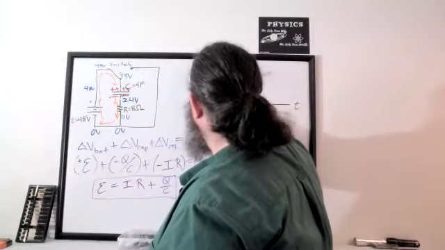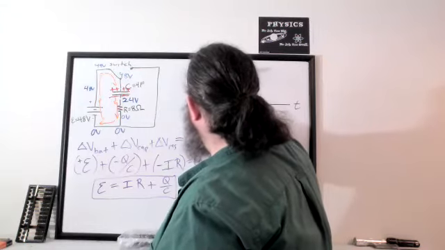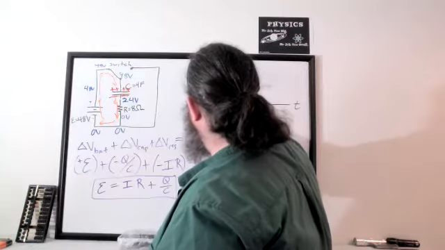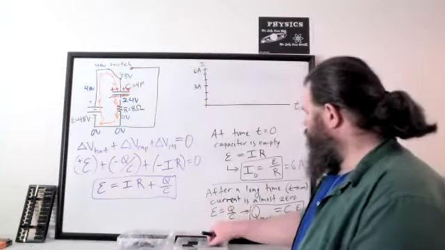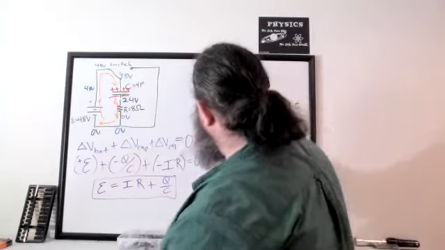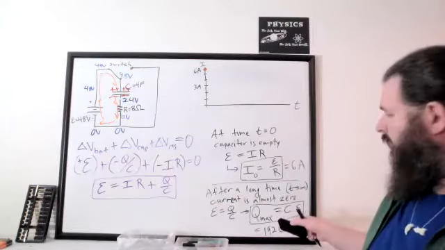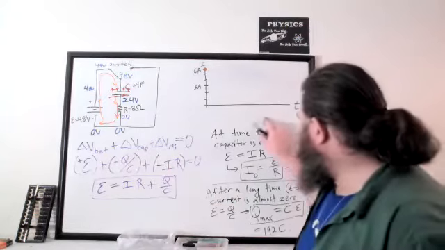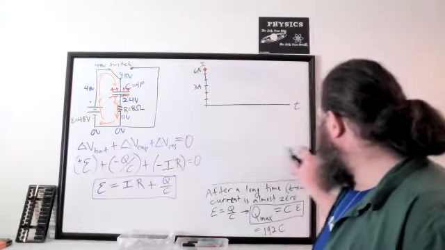So I'll put 6 amps at the top. And then let's also make a graph of charge. And we know that's eventually going to reach 192 coulombs, so I'll put 192 coulombs at the top.